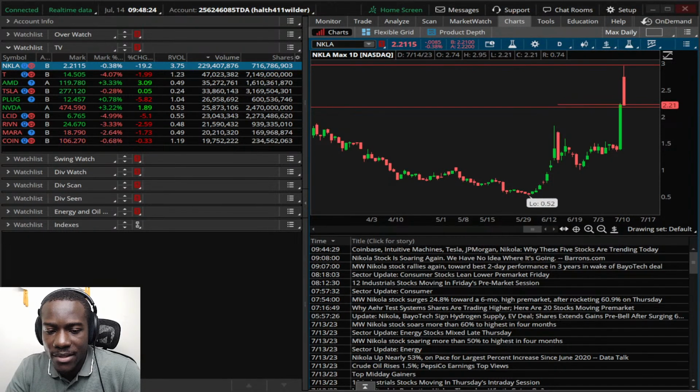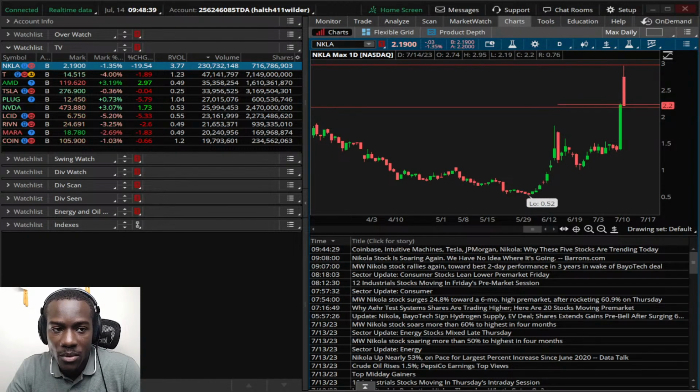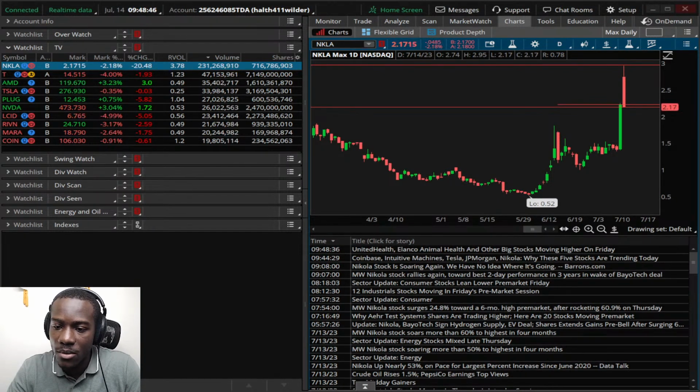So maybe not even 10 cents here to be gotten. It has taken out all of its pre-market gains and come back to this 219 level. So that is not good. And that is not what we would consider a gap fill. Coming even below the 219. So yeah, that's not what we want to see.